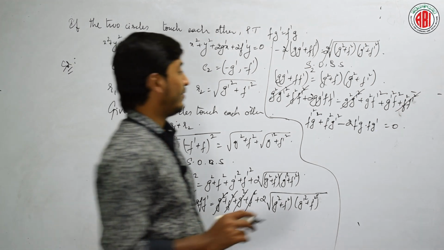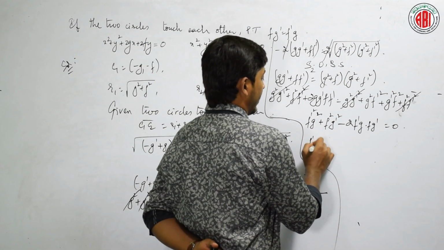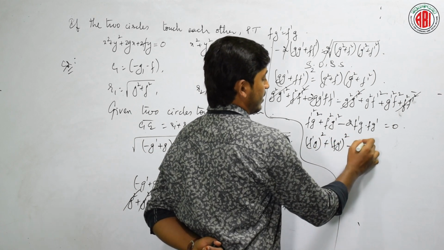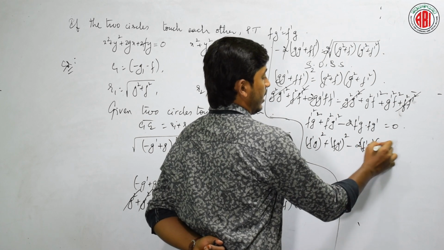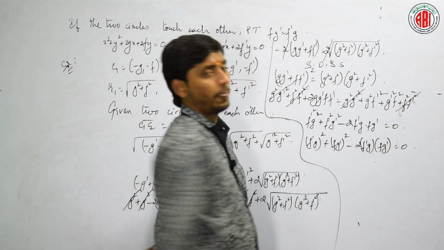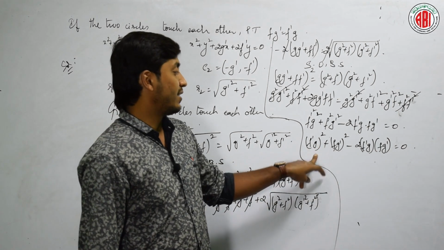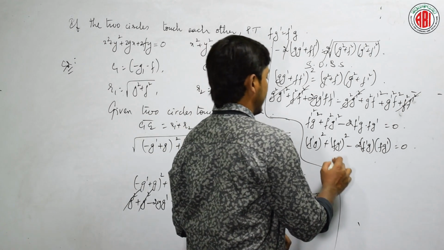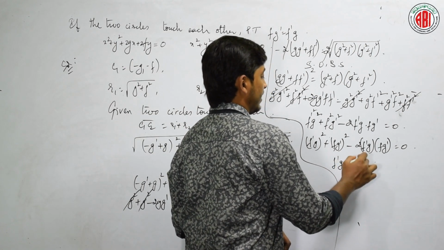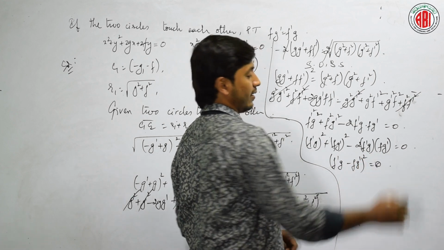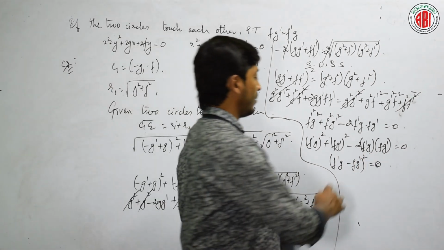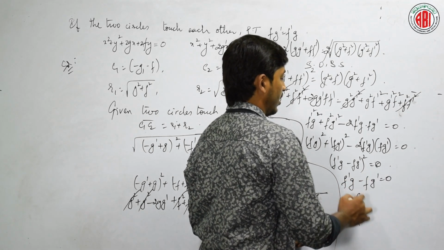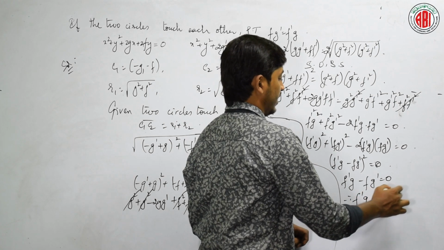If you keenly observe, I can write it as (f dash g) whole square plus (f g dash) whole square minus 2 f dash g into f g dash is equal to 0. But this is in the form of a square plus b square minus 2ab. So, we can write it as (a minus b) whole square, isn't it? So, it can be clearly written as f dash g minus f g dash is equal to 0. Therefore, f dash g is equal to f g dash.